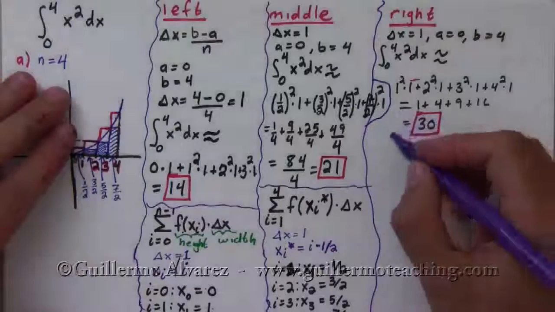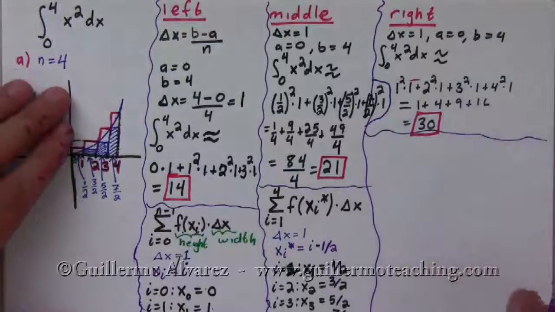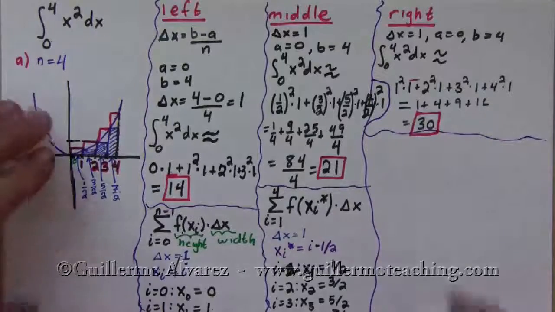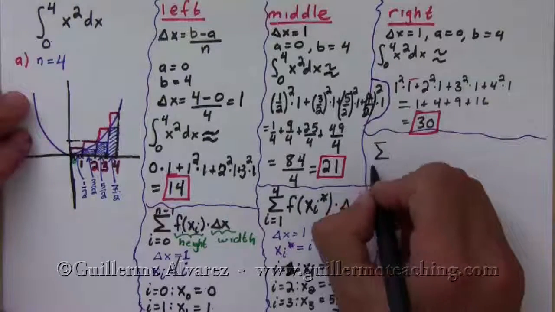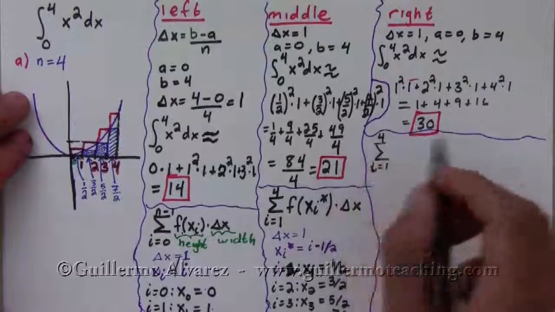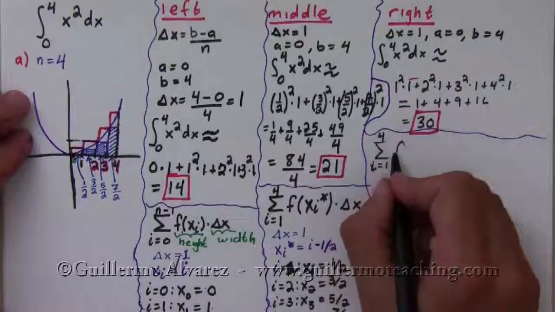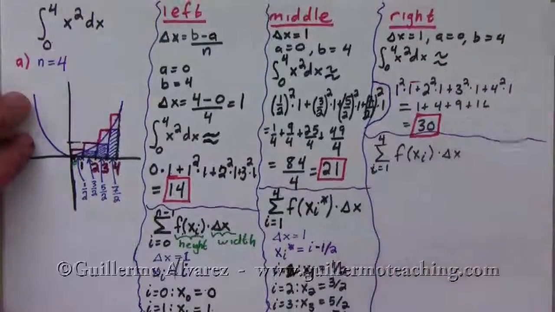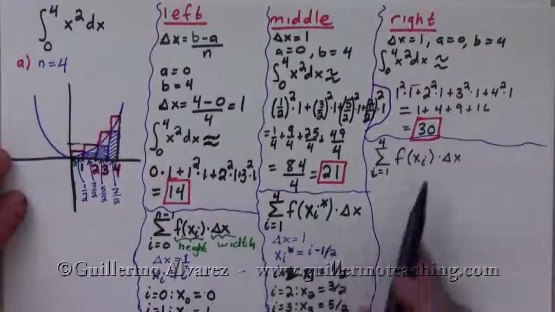Okay, now let's do the same thing here, the same thing that we did over here. We'll move a little bit faster through this one. Here we're going to use the sum from i equals 1 to 4, and now I just keep it as f of x sub i times delta x. And so here you can look at the difference.